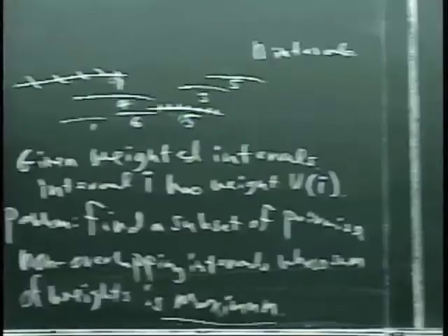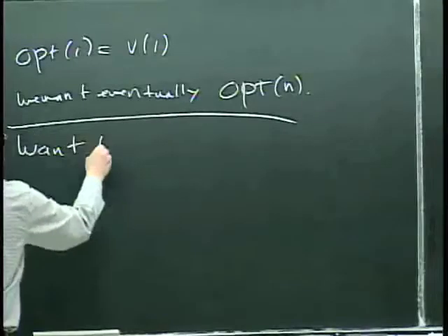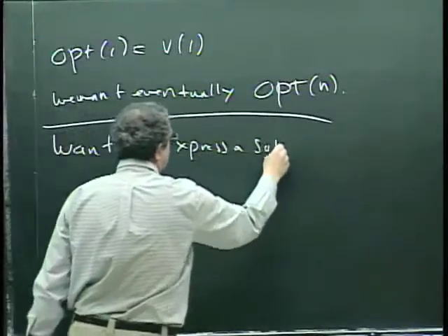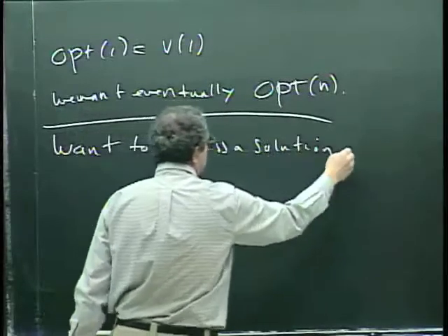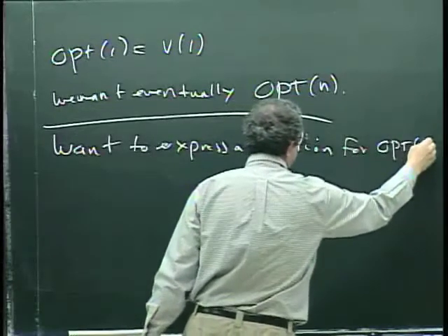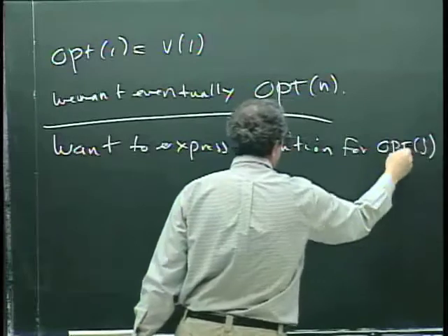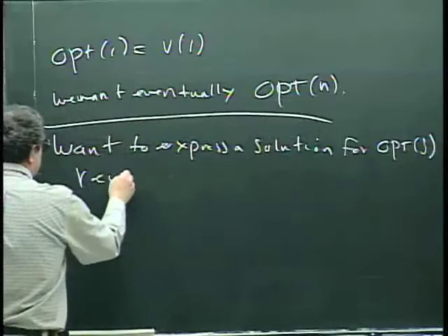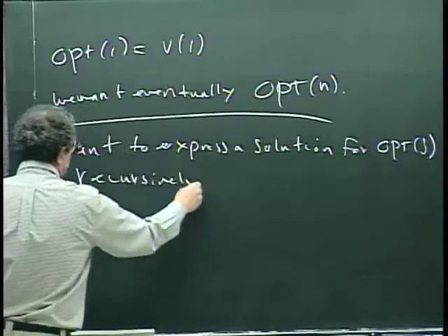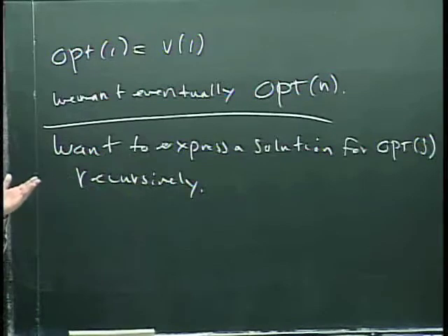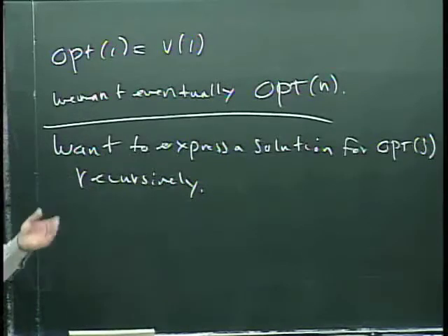So we want to express a solution for opt of n, or in general opt of j, a way of figuring out what opt of j is recursively. So what does that mean? It means saying something about what opt of j is in terms of opt values for subproblems.